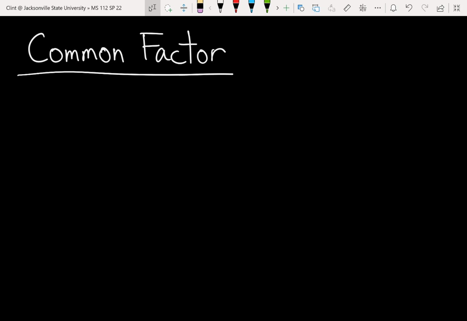So factors of a number, a little side note here. Like if we've got 6, we want to talk about factors of 6. We're talking about numbers we can multiply together and get 6. So one example of factors of 6 would be 2 and 3. 2 times 3 gives us 6, so 2 is a factor, 3 is a factor.